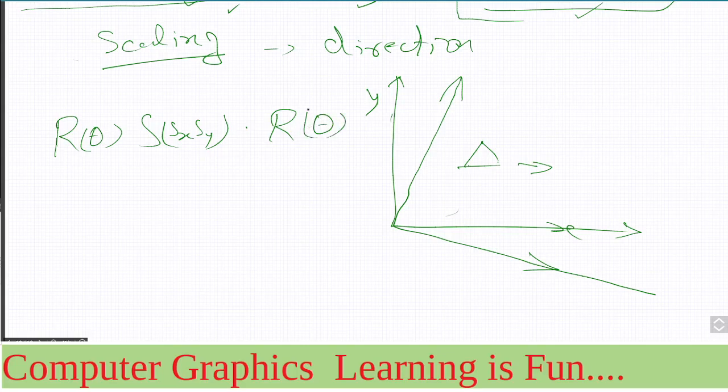One will be some R theta, another will be the reverse of it. Let me write R inverse of theta, meaning in the opposite direction.